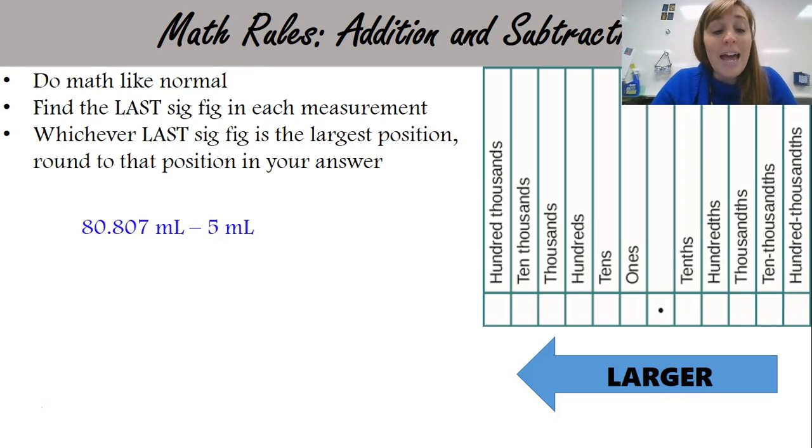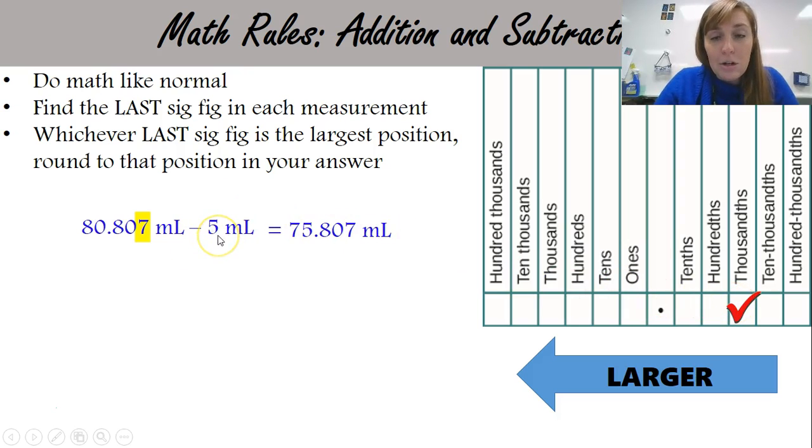Let's do another one. I've got 80.807 milliliters, and I'm taking away 5 milliliters. First, do it in your calculator. I get 75.807 milliliters. Then I evaluate the last sig fig in each one. In 80.807, my 7 is my last sig fig. That is 1, 2, 3 spots after the decimal, so it's in the 1000th position.